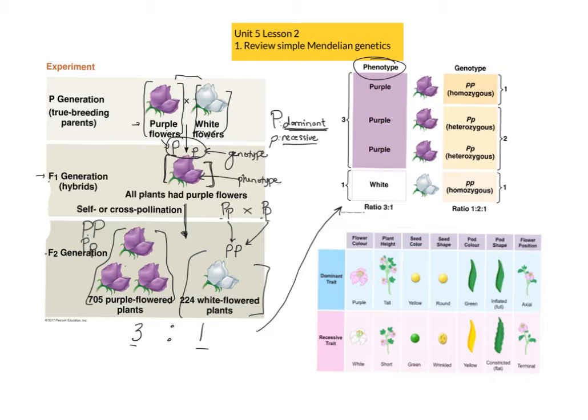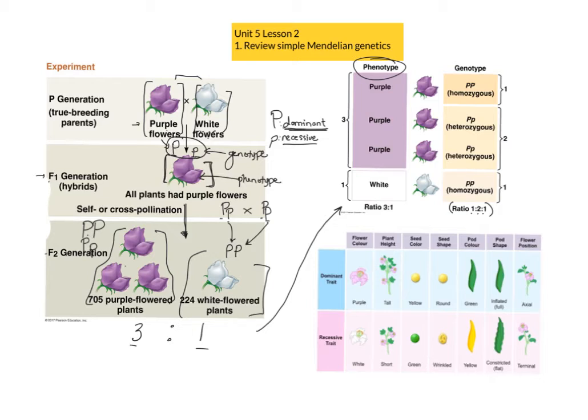And then, as we saw in the F1, heterozygous genotypes mean that the genotype has one dominant and one recessive heritable factor. And he predicted that this genotype ratio, specifically in the F2, should probably follow a very similar pattern of, in this case, 1 to 2 to 1. And I'll talk about that in just a moment.